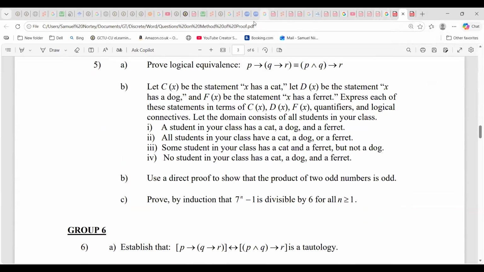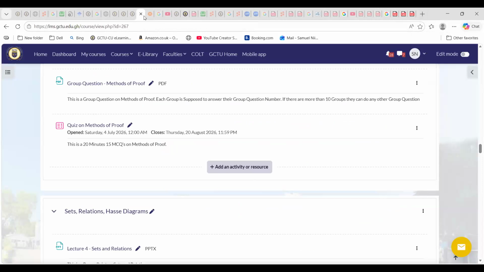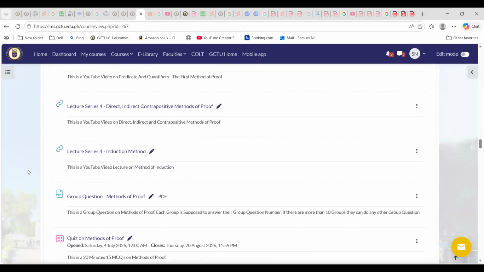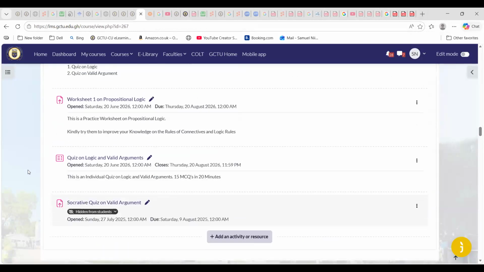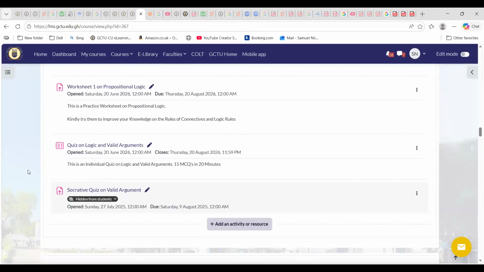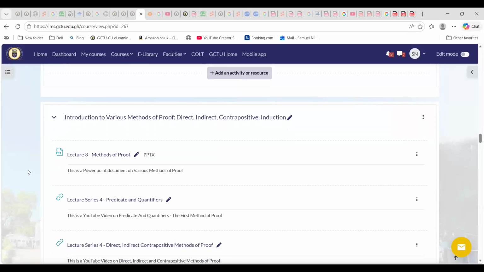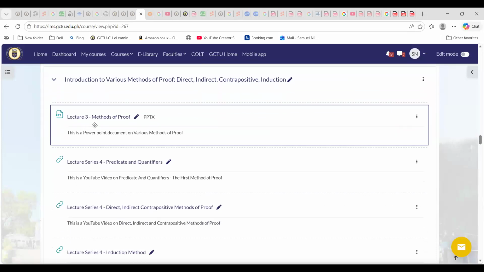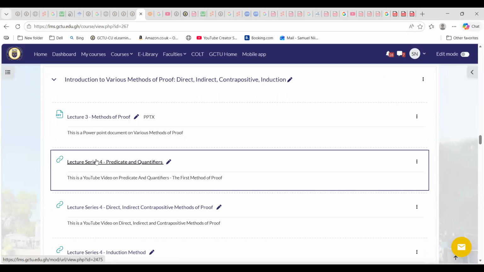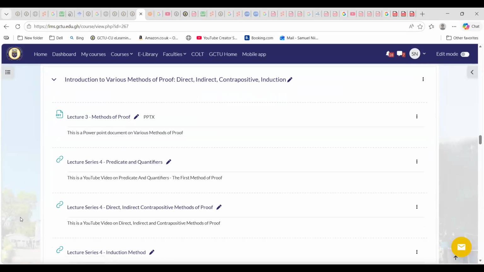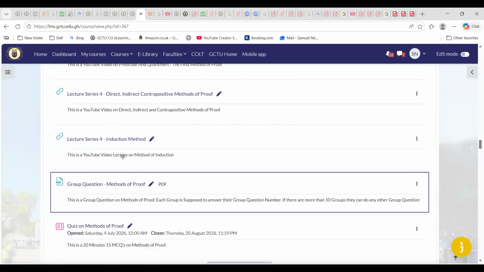So, if you go on to the LMS, this is where we are. I've given you your Socrative room name already, so it will not show yet. But this is the PowerPoint I use. There are lecture videos on what I've gone through: predicates, direct method, indirect, and then induction that we did last semester. Then the group question that we went through a few minutes ago is here.